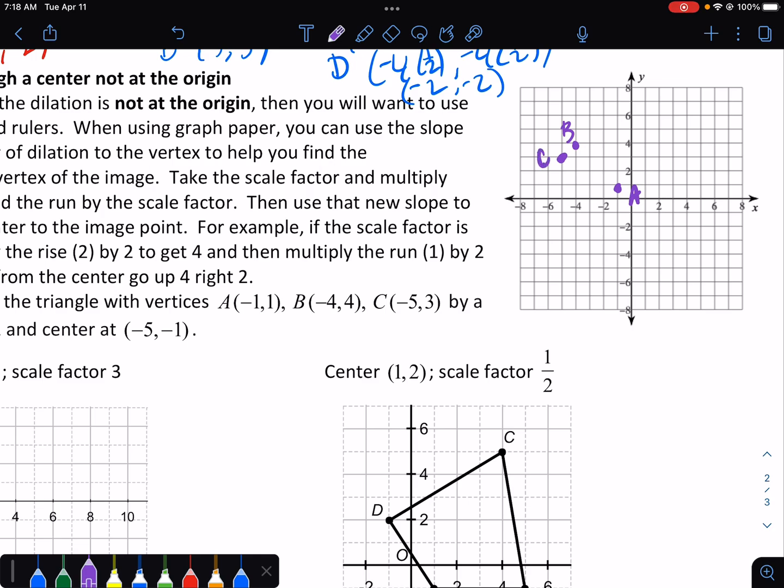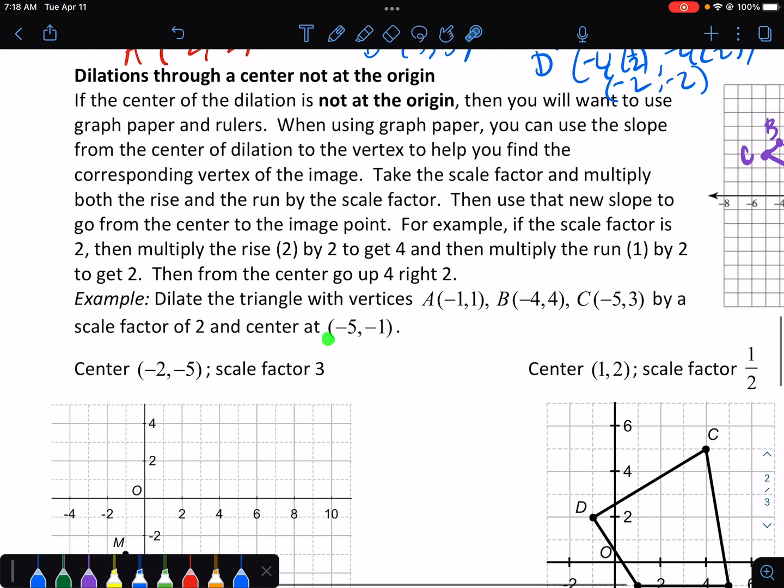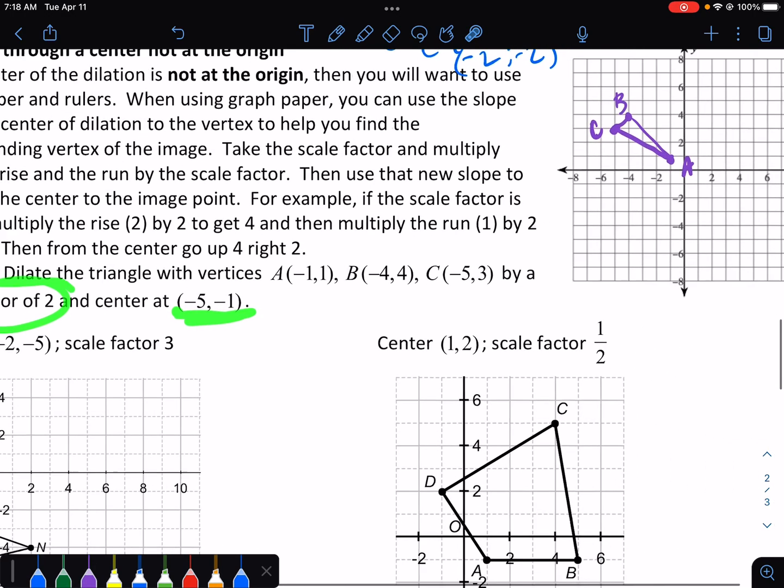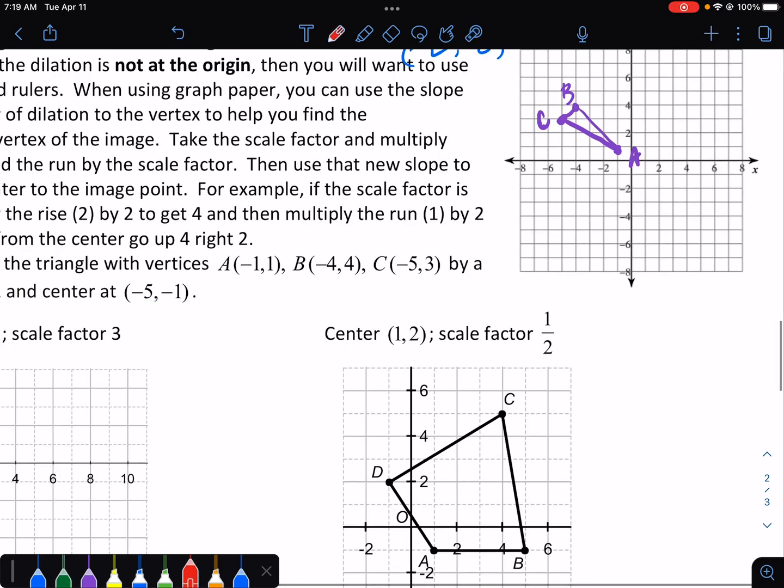Okay. -1, 1, -4, 4, -5, 3. So our center in this case is at -5, -1 with a scale factor of 2. So -5, -1, so this is our center.